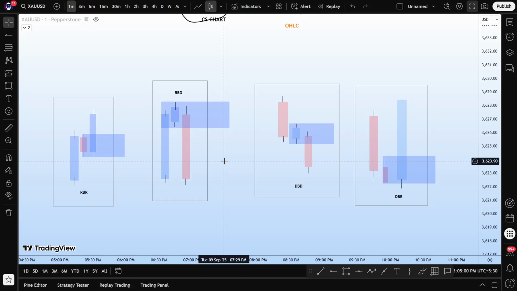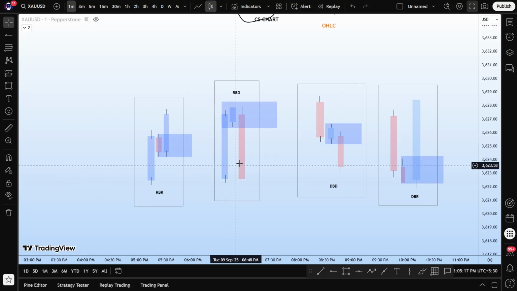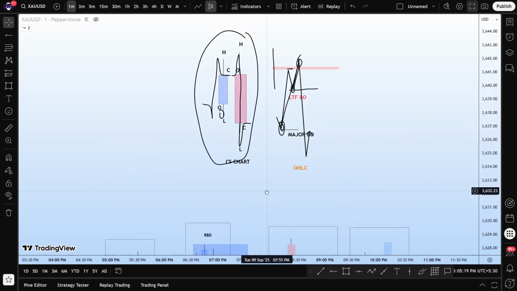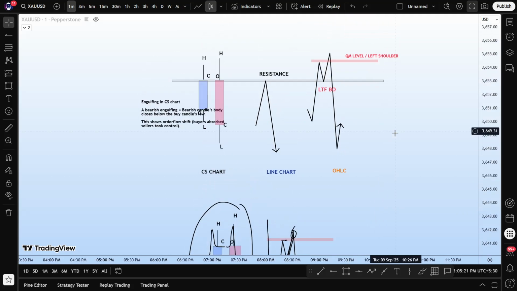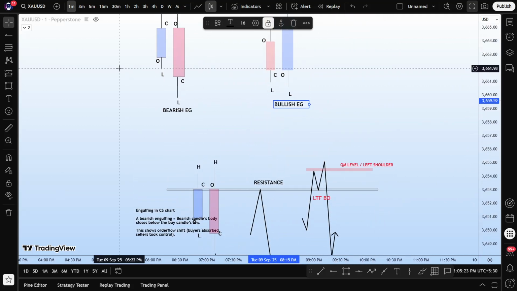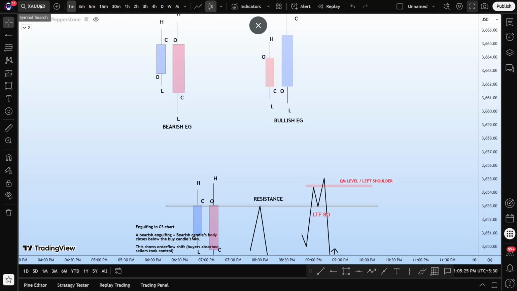The execution of those traders may be different, but the core understanding, the reason, I would say, is the same. So now let's move ahead and look at some examples on the chart.